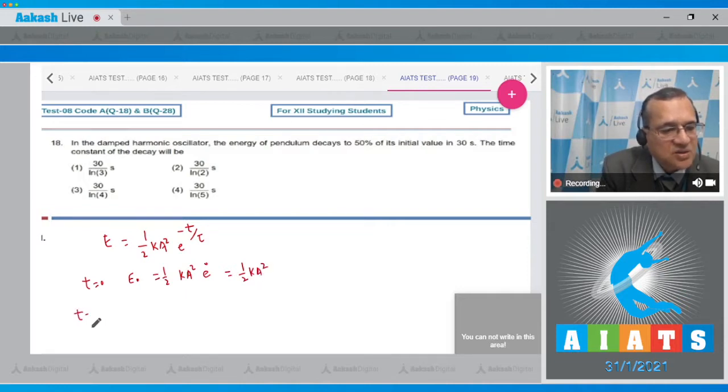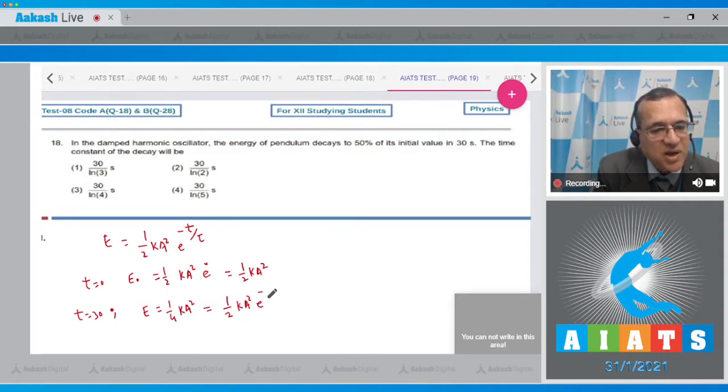At a time t equal to 30 seconds, it is given that this energy is equal to half of this value, that is 1 by 4 K A square, which is equal to 1 by 2 K A square e power minus 30 divided by tau. If you solve this equation, 1 by 2 comes to be e power minus 30 by tau, and tau is what we have to calculate.